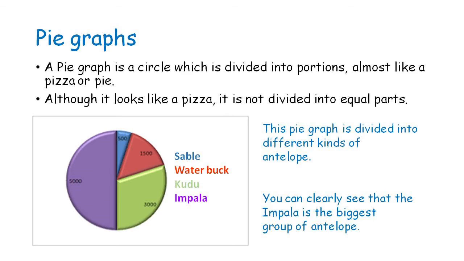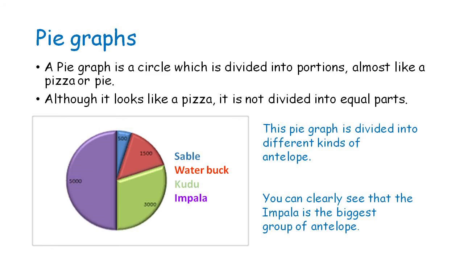In other words, it's not sliced equally, because we're trying to see what's the most, the least, maybe double or half of something. So it can't be all equal, because if we think of an example from the color example on the bar graph, we know that there was more pink than red, so the pieces won't be the same size. So it looks like a pie that just hasn't been cut equally.